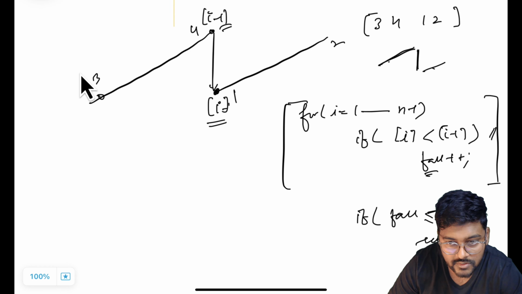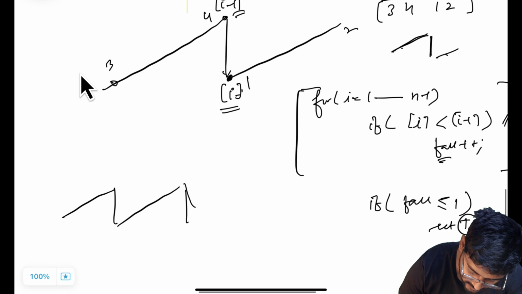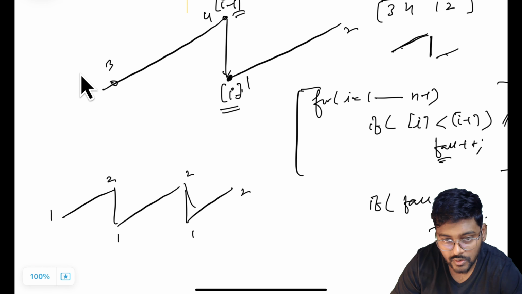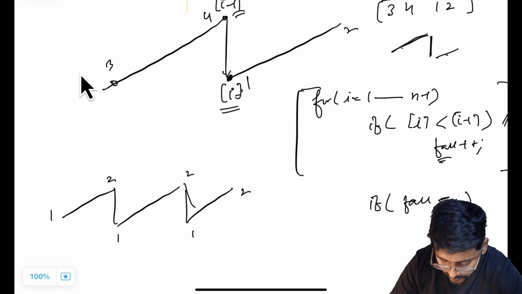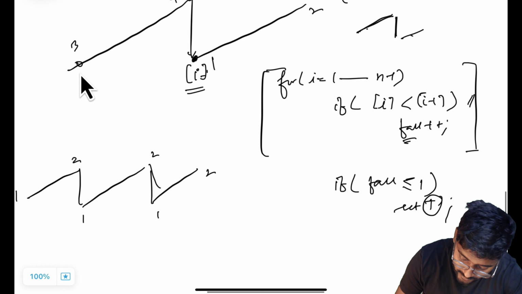Otherwise you have to return false. If let's say there are 2 falls, 1, 2, 1, 2, 1, 2. In this case, this is not sorted and rotated. There are multiple falls. It means it was not sorted initially. So this much you have to do.